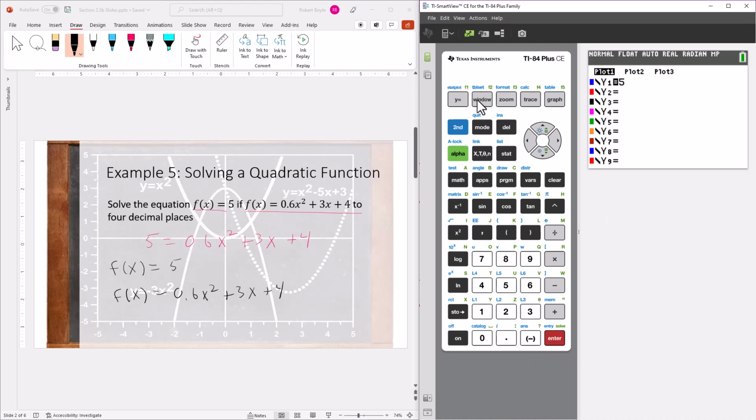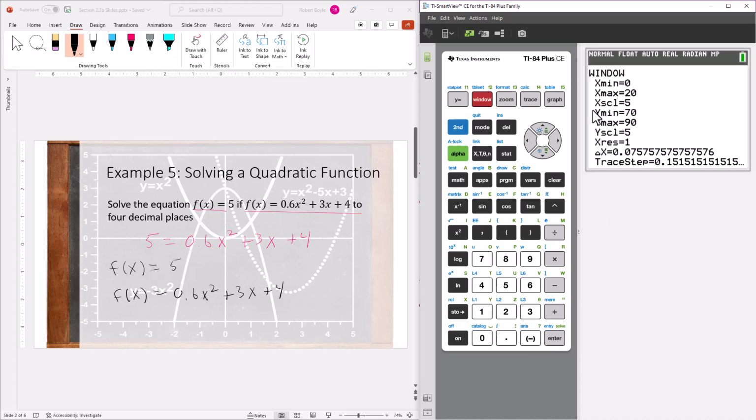Before I plot this, I want to look at my window, because this basically tells me what values of x and y I'm going to be looking at. And for this, I want to have the x range from negative 10 to 10. So I'm going to change x min from 0 to negative 10, and x max to 10.